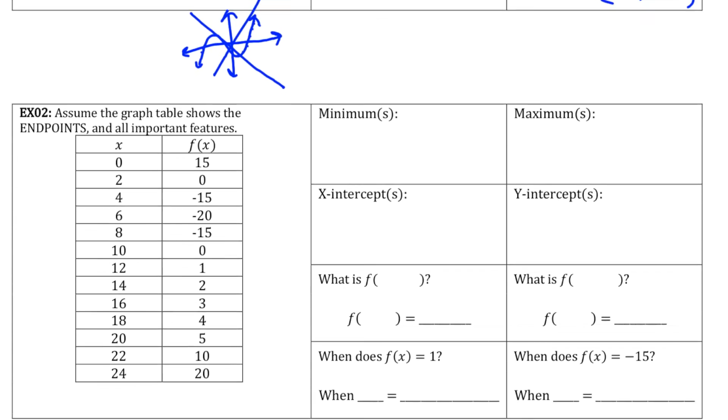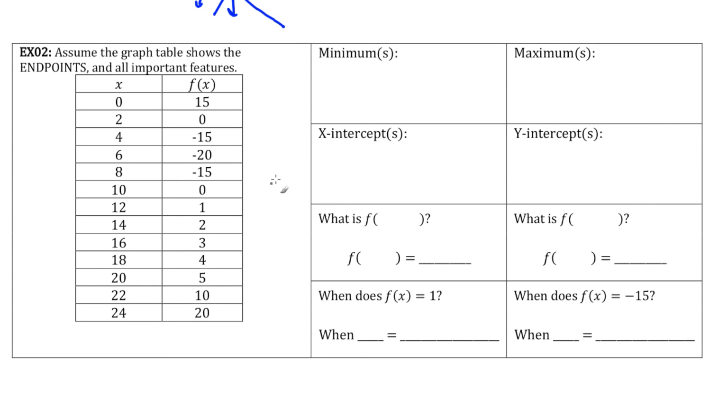Let's do one more. Once again, I'm assuming that everything is right here. There are more points, but these are ones I pulled out of the graph. So I'm going to look for the lowest y value. So this is the minimum right here, 6, -20.